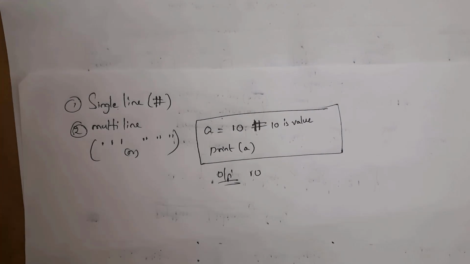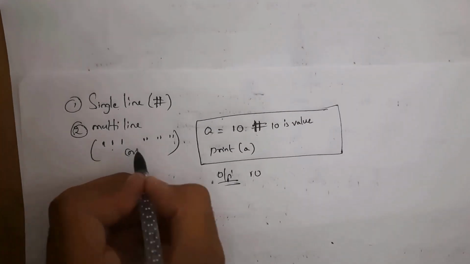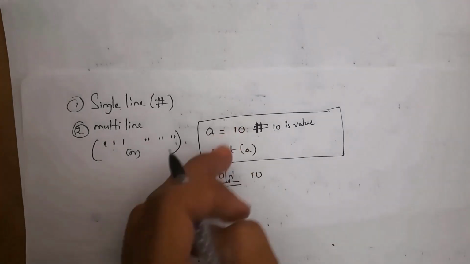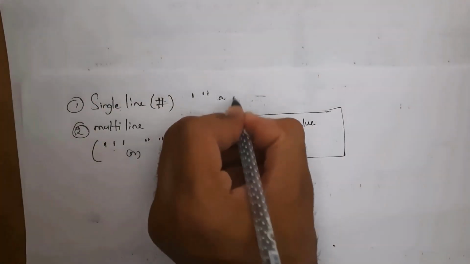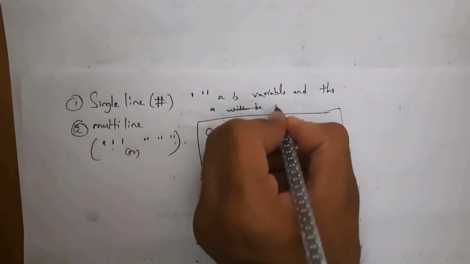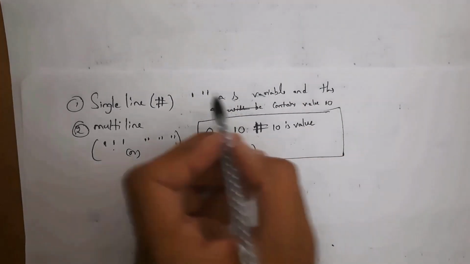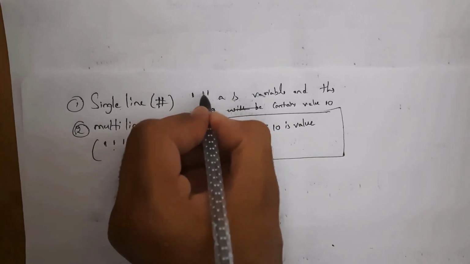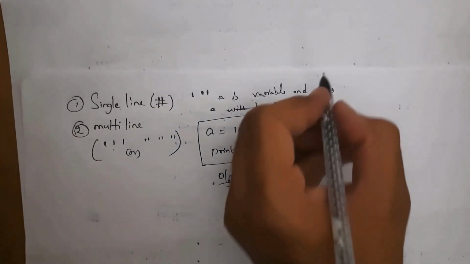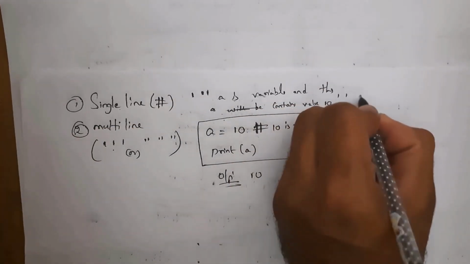For example, I want to write multiple line comments. Then you need to use 3 single quotations or 3 double quotations. For example, before this I want to write a is variable and this a contains value 10. Here I wrote a multiple line comment. For multiple line comments, at starting you need to use 3 single quotations, and at ending you need to use 3 single quotations.